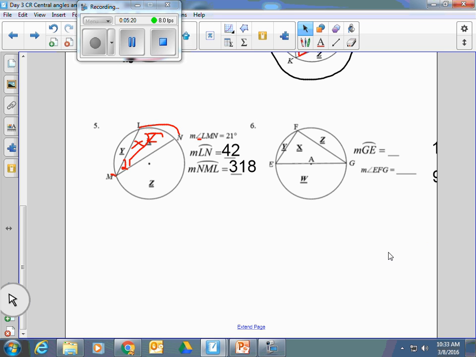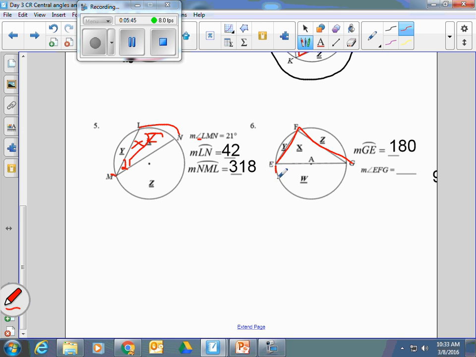On this number 6, that's confusing. They didn't give me any numbers. What's 180? Arc GE. Yeah, arc GE. Very good. She's absent. Okay. And then the angle that they're asking for is angle EFG.